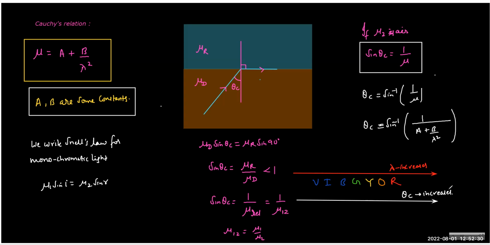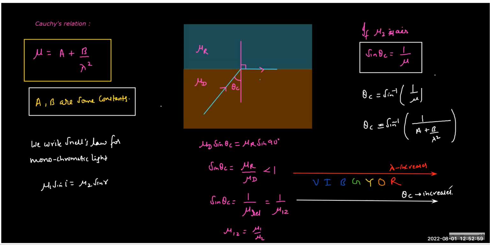I'm asking for which component of light the critical angle is least, violet, and maximum, red. So the easiest one is violet, and the most difficult is red.